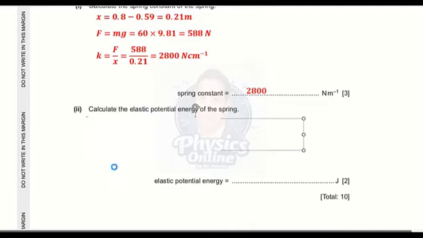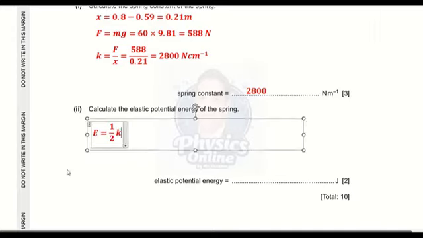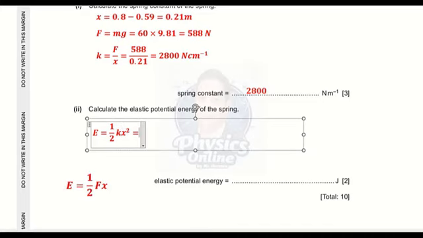Calculate the elastic potential energy of the spring. Elastic potential energy E equals half kx squared or half Fx. We have everything, so let's use this equation, half kx squared.